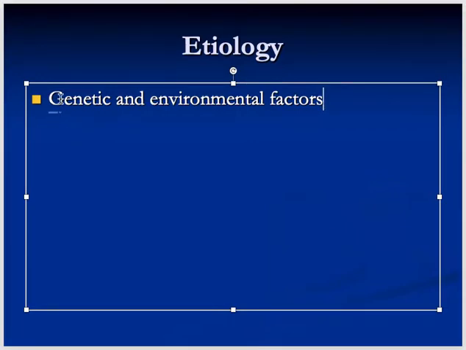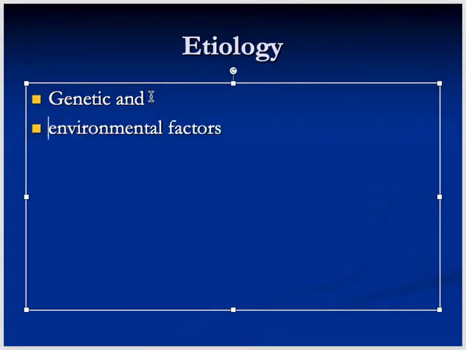For example, let's make them separate by the way. If I talk about the genetic one, guys, what they found is that people who are twins have higher chances of getting this condition when one of the twins is involved.